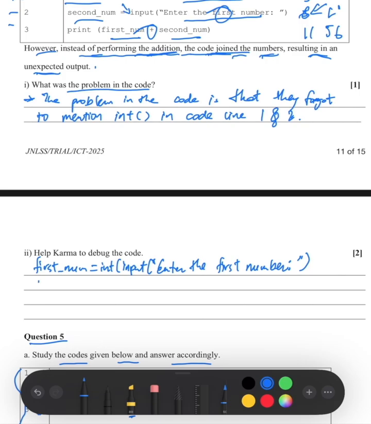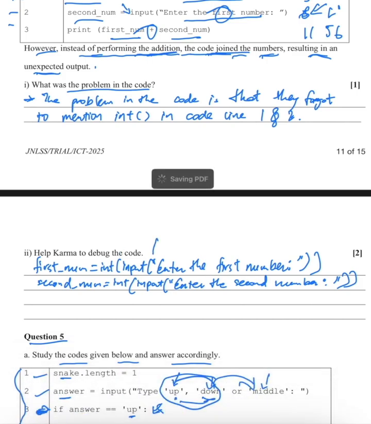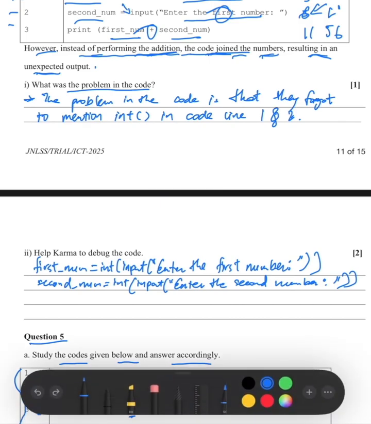Then the next one is second_num equals int, input, enter the second number. Don't forget to close two brackets here, since we have opened two brackets. So we also need to close with two brackets.